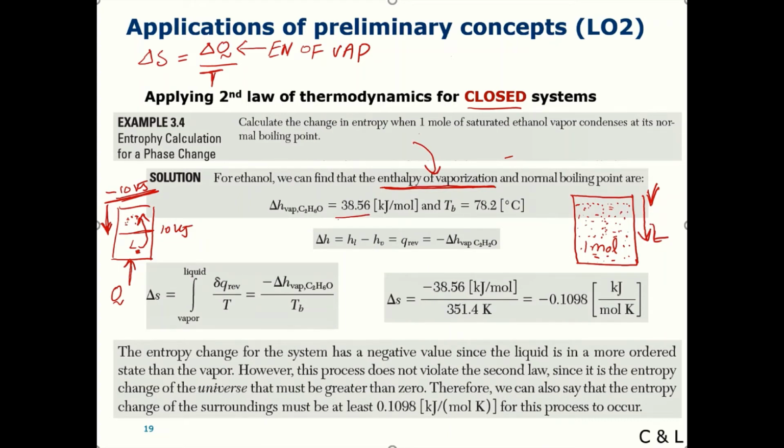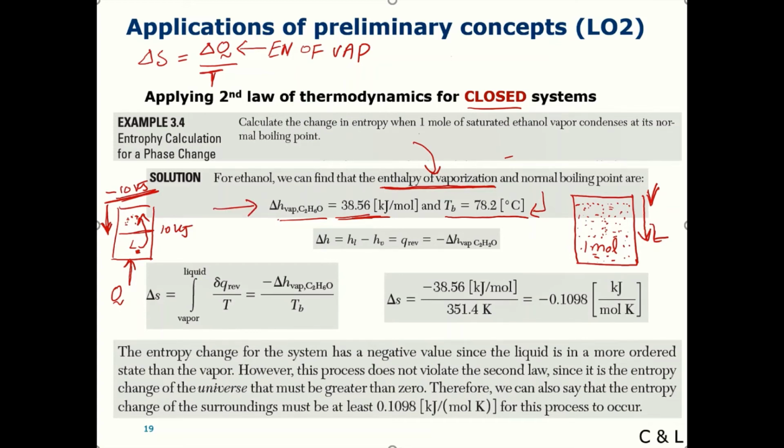Enthalpy of vaporization for ethanol vapor is this much, which is 38.56. And the temperature at which that process happens is the boiling point or normal boiling point, and that is given as 78.2 degrees Celsius. This information must be given to you if this question comes in the exam.